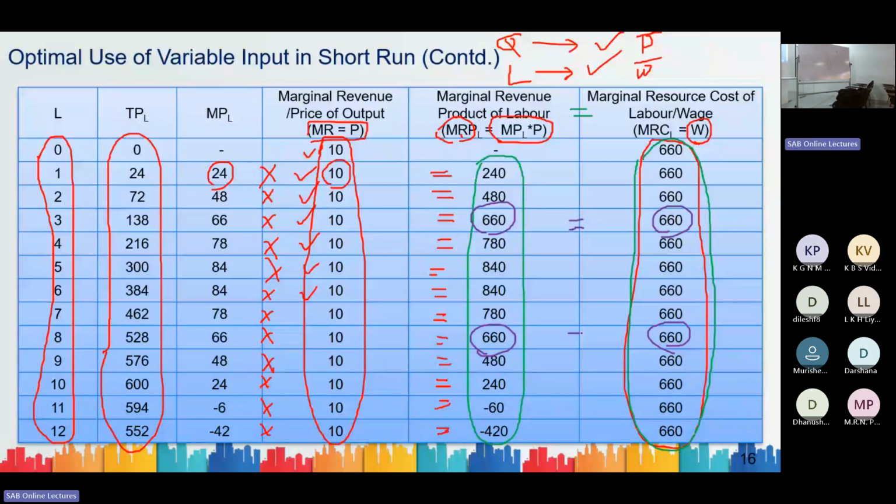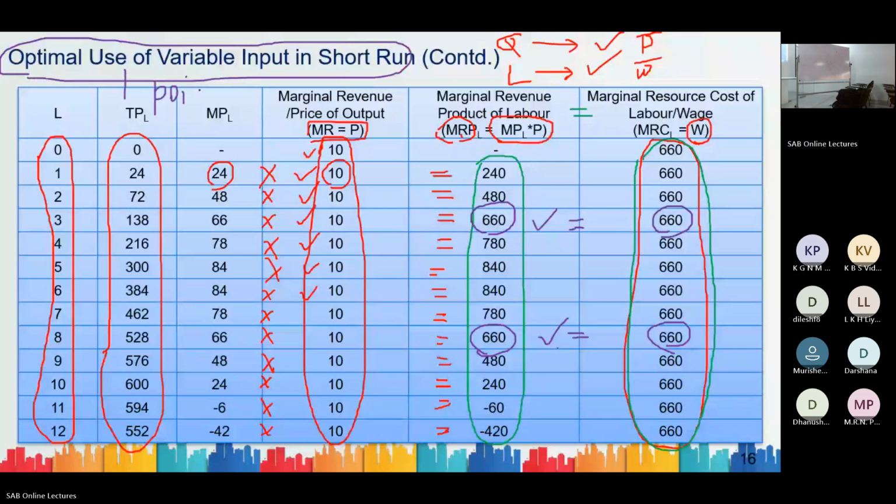Marginal revenue product of labor is equal to marginal resource cost of labor at this point and at this point. So we have 2 options, but only one point will be the optimum level of labor in the short run. Only 1 point. What is it?